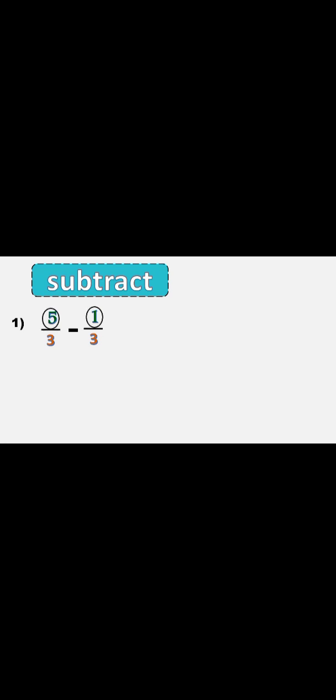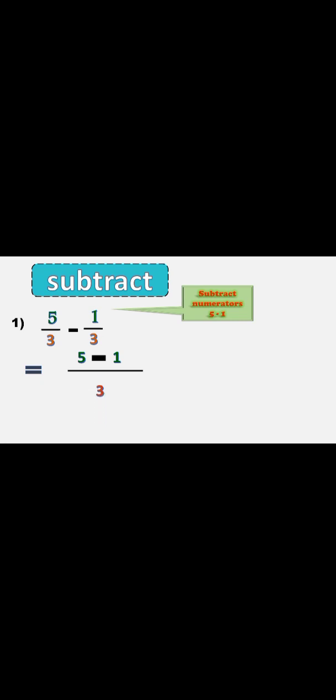Again we subtract the numerators and the denominator is the same. So here you subtract the numerators, that is 5 minus 1. Next step, how are you going to write? 5 minus 1 and the denominator remains as it is. So after subtraction, my answer will be 4 upon 3. Okay, hope you understand how to subtract.